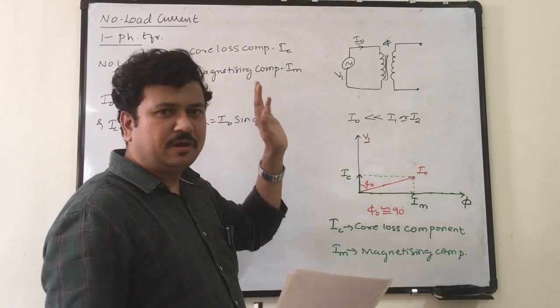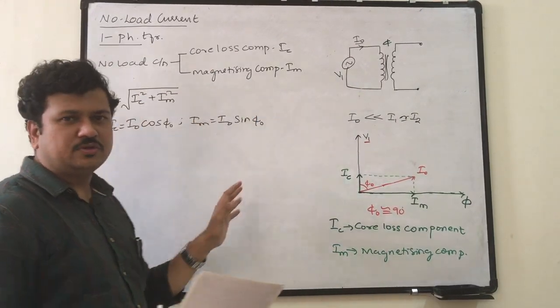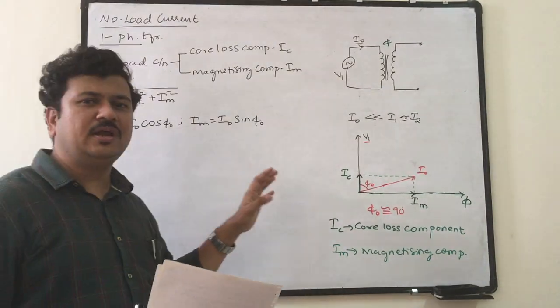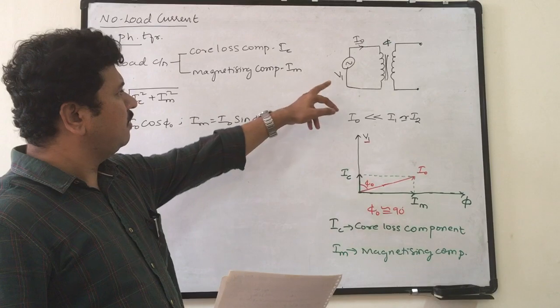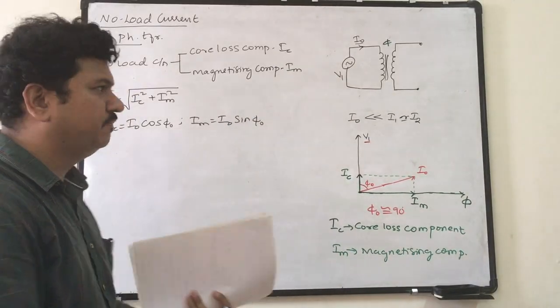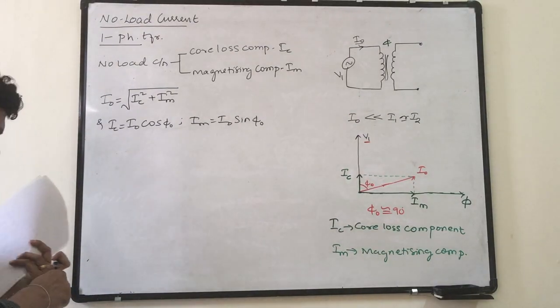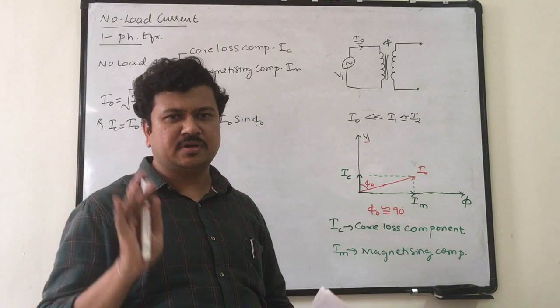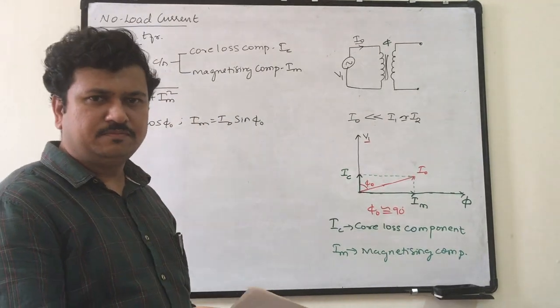So whatever the power that is being drawn from the source by the transformer is completely utilized for the iron losses. So whatever the power that is drawn, V1 into I naught, is nothing but my iron losses. At no load condition, any electrical machine will draw only the loss amount of power, because the load output is 0.